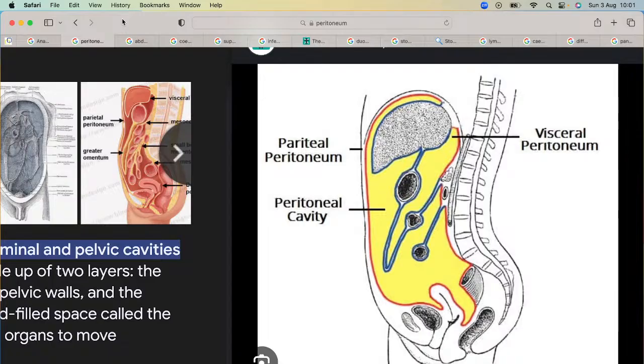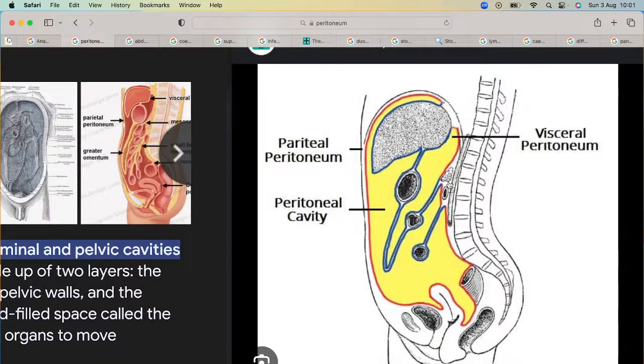Now, when we talk about the peritoneum, there are certain structures that you need to remember, including the parietal peritoneum and visceral peritoneum. What is the difference between them and where do they start? Everything starts at the back, where we have what we call the root of the mesentery, which is essentially the attachment of the duplicature of the posterior abdominal wall.